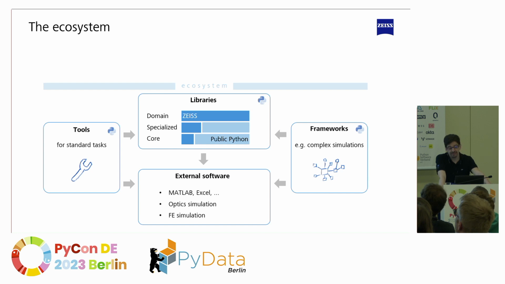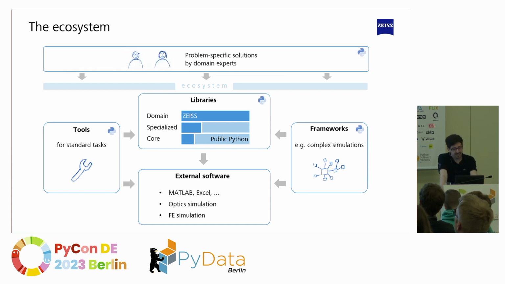We also have more complex frameworks for simulation, for example, which we build on these libraries. And we also use these libraries to interface with all kinds of third-party software, be it simple things like MATLAB or Excel, or other very specialized simulation solutions like finite elements, optics simulation, computational fluid dynamics, and anything else you need there.